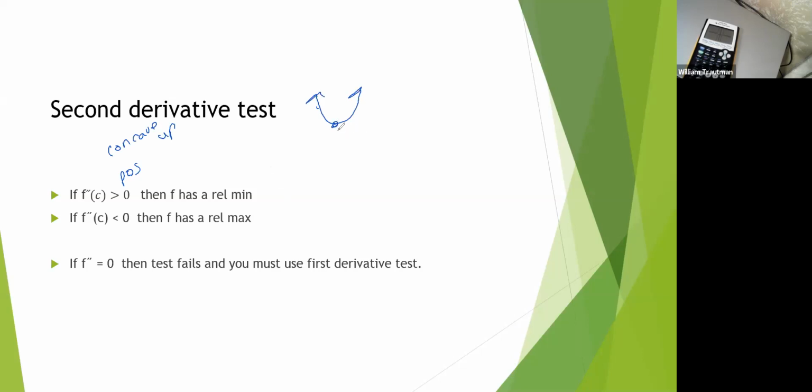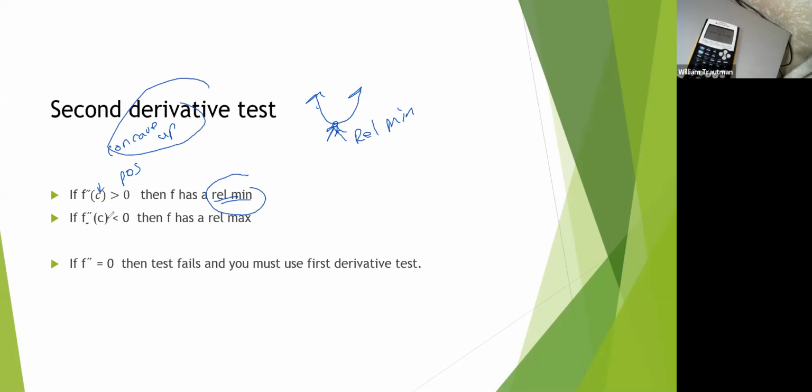If you look at it, concave up means it has a relative minimum. That's all this says. If you do a test point for the second derivative and it's positive, you know it's concave up and that there's a relative minimum at that critical number.